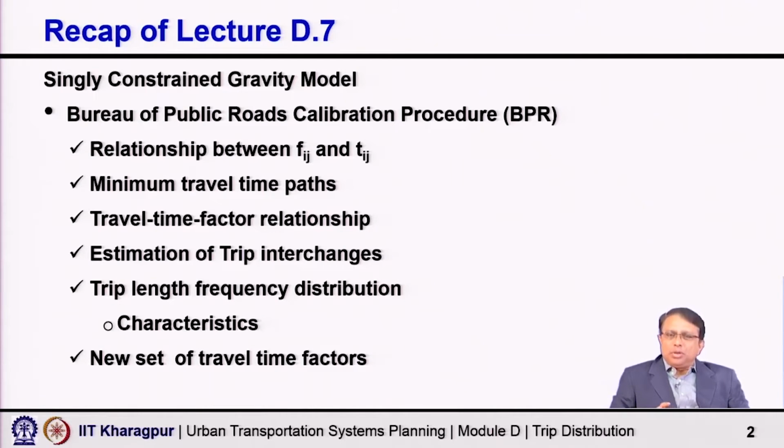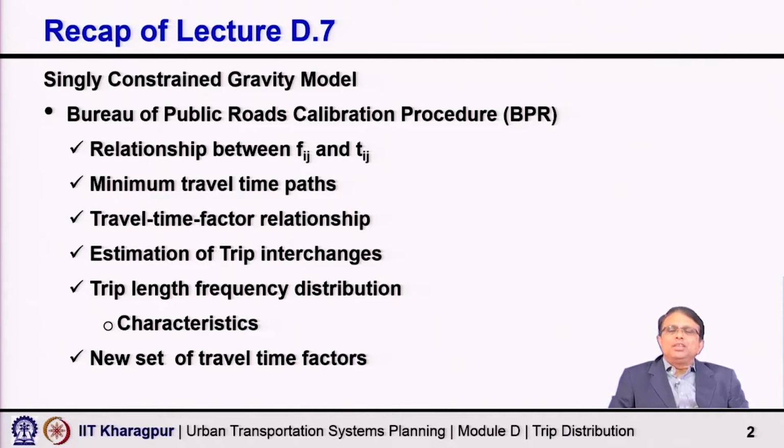These are the frequencies obtained from the gravity model, and we matched them with the frequencies observed from the field data. We tried to match them closely by going through several iterations and modifying the assumed Fij values based on the kind of mismatch, whether the gravity model is predicting higher or the observed values are higher, with respect to that travel time.